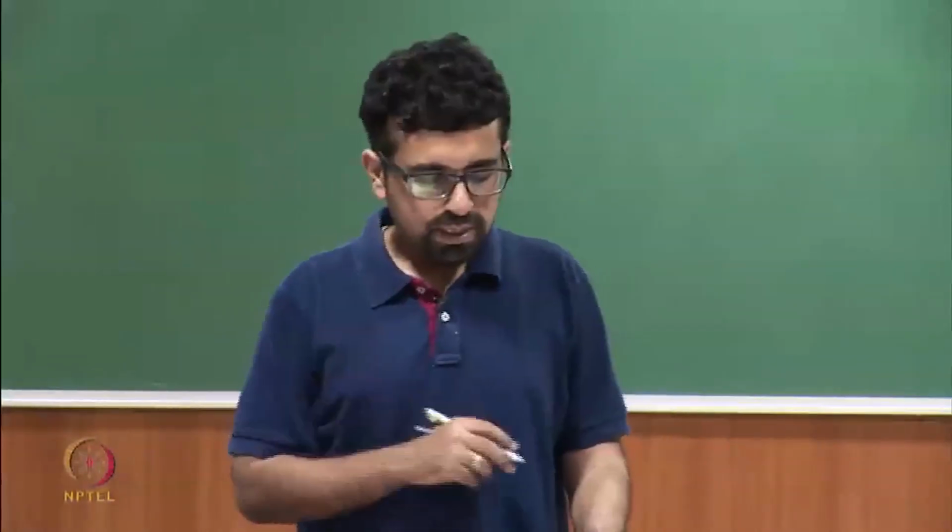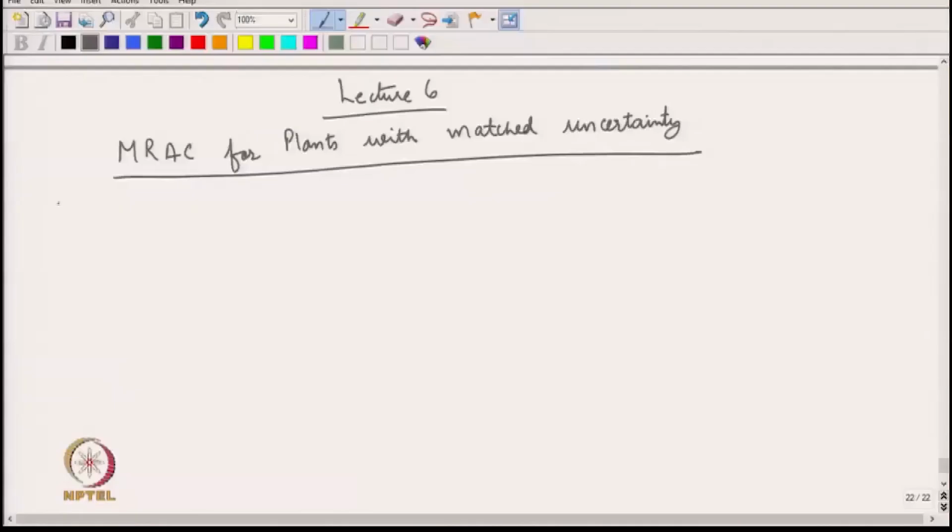So, let us assume that the plant in this case is given as x dot equals A x plus B u plus delta of x. So, instead of the LTI plant A x plus B u, here we have a nonlinear term delta of x.